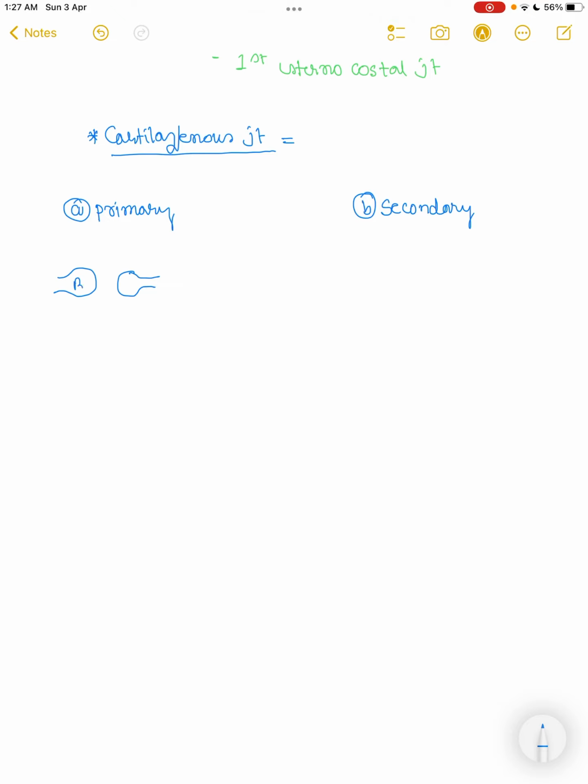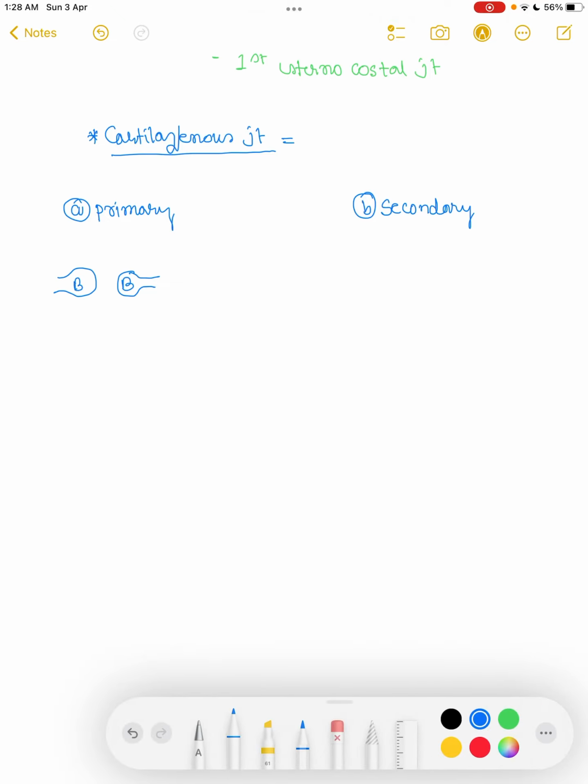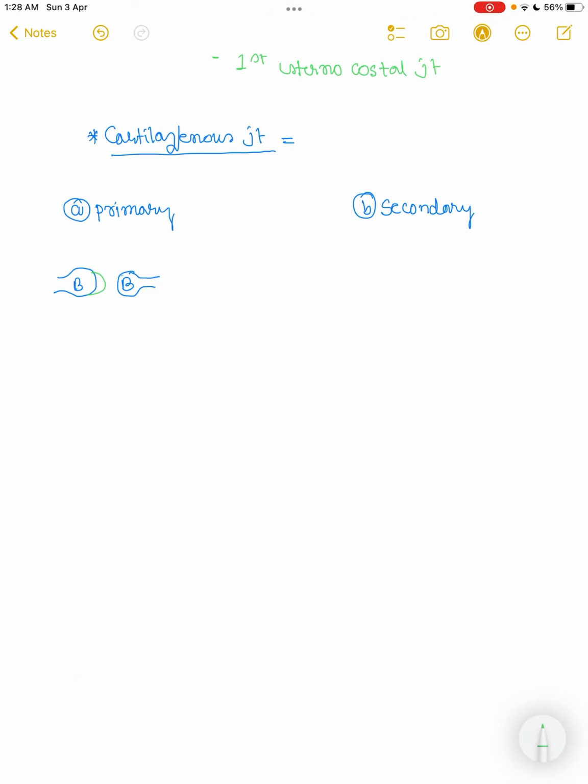I denoted bone as B, and in between there is hyaline cartilage. So we can see it: bone, hyaline cartilage, and bone.